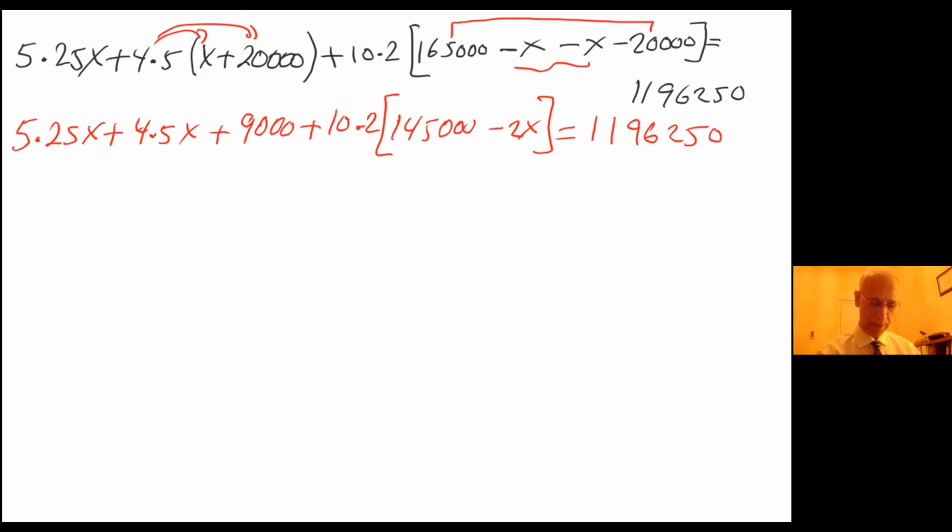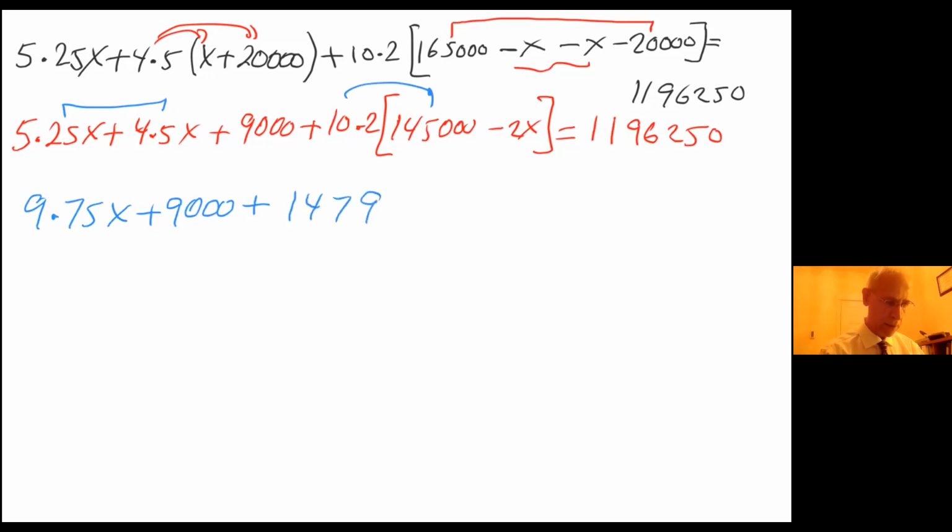So now these two are like terms. 5.25 and 4.5 give me 9.75x plus 90,000 plus 10.2 times 145,000 gives me 1,479,000. Better check myself.